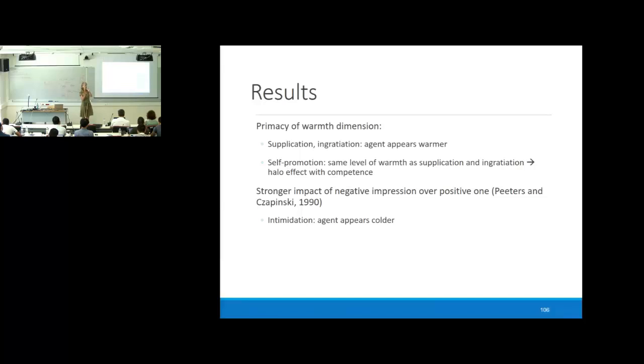That's how we could find out this halo effect. But we also found a negative effect: when you increase the level of competence in the intimidation condition, the agent does appear colder. So that was manipulated.